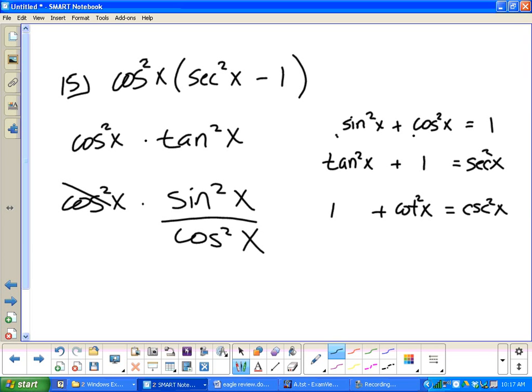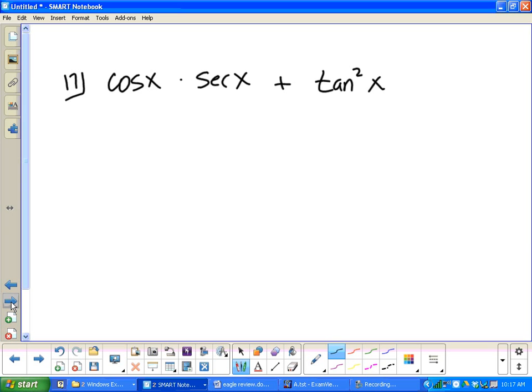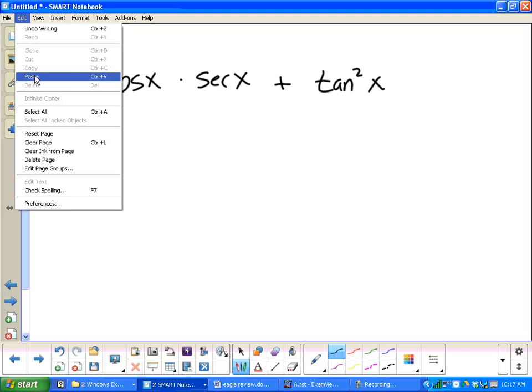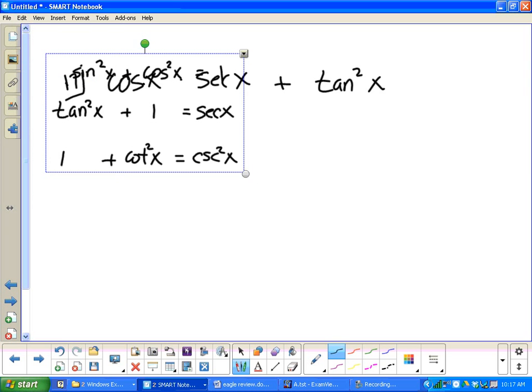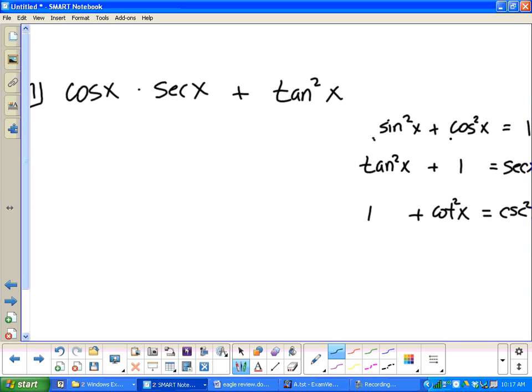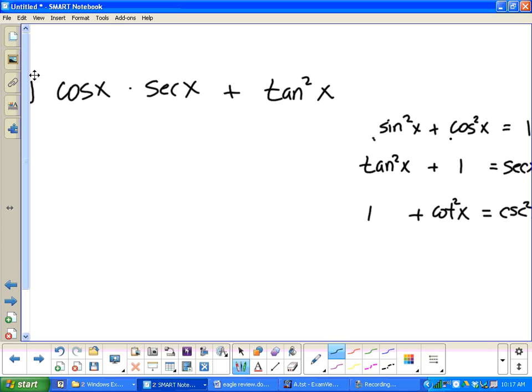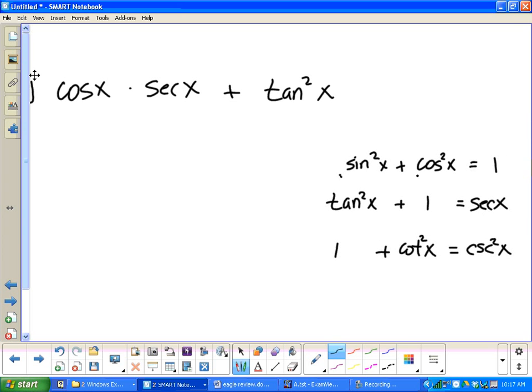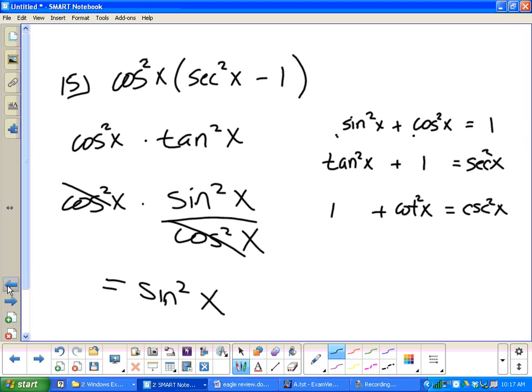And that works out pretty good. It's just sine squared.